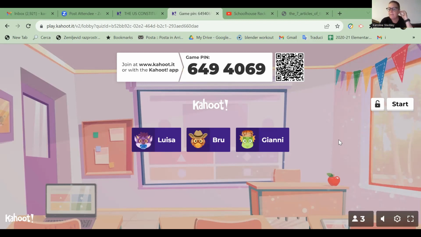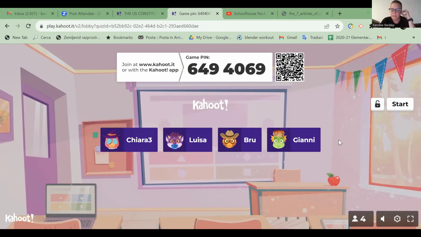The Fifth Amendment says that if you go to trial because you did something wrong, you have a right not to be a witness against yourself. Number 6 says that you have a right to a fast trial if you are in the criminal justice system. The 7th one says that you have a right to a trial with a jury, a giuria, if there is money at stake at a high enough amount.